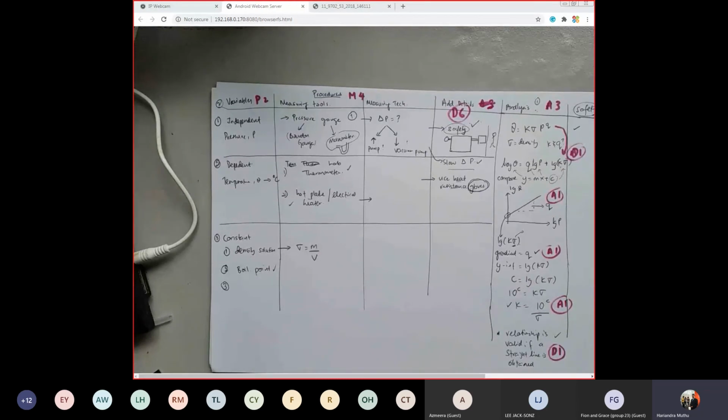Welding glove. Welding glove is more like a heat resistive glove.